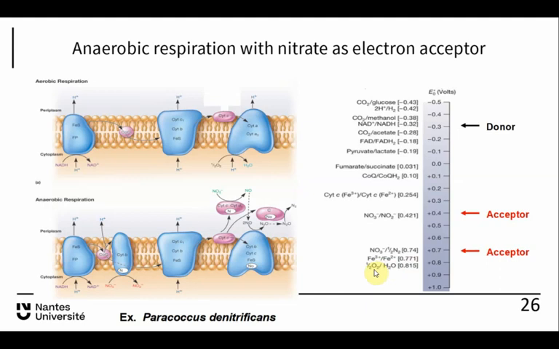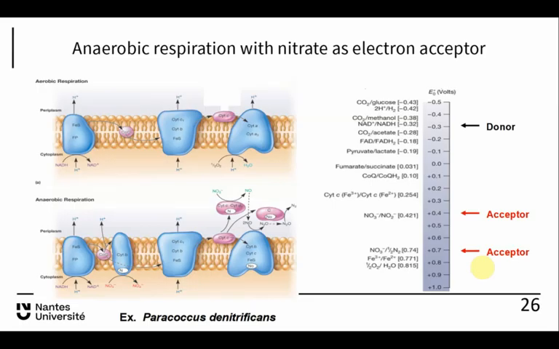It's a very energetically favorable reaction. But there are other good electron acceptors: nitrate and nitrite are pretty good. So if all the oxygen has been used up and there's still some nitrate, then some bacteria can use the nitrate as the terminal electron acceptor in respiration.